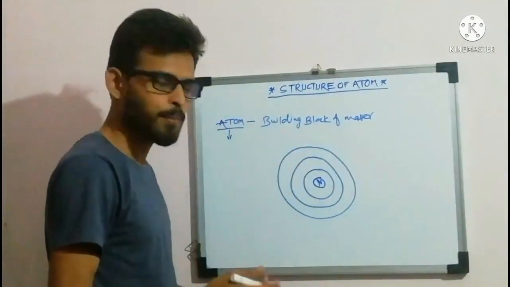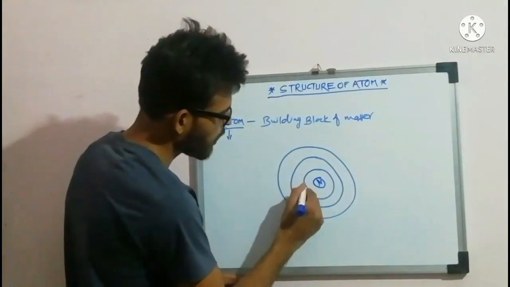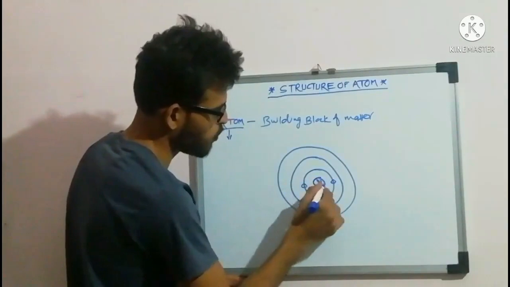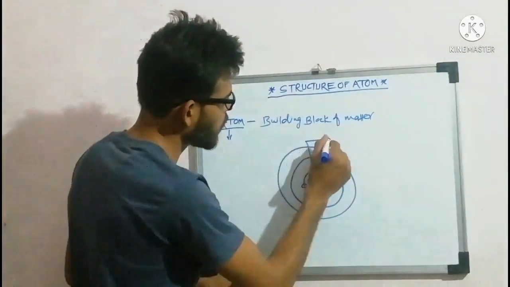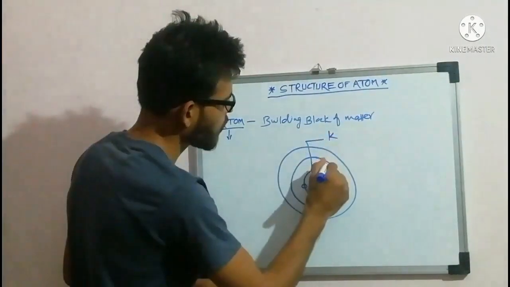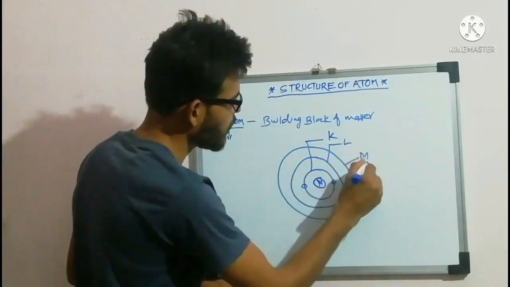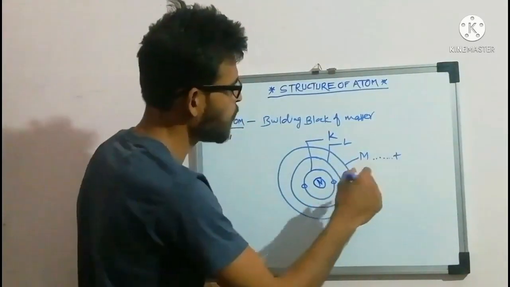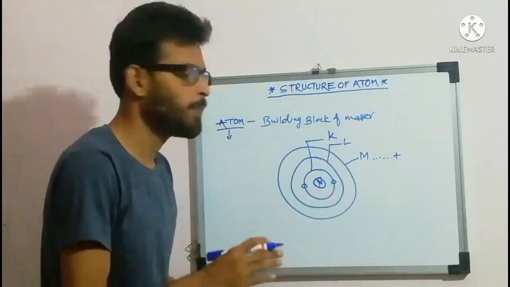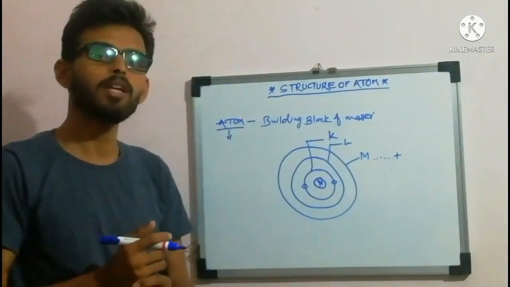There are multiple, but we are taking it as an example only. Here are electrons 1, 2. This shell is called K, then L and M, and likewise if multiple shells are there, N, O, P. It depends on the number of electrons present in that particular atom.